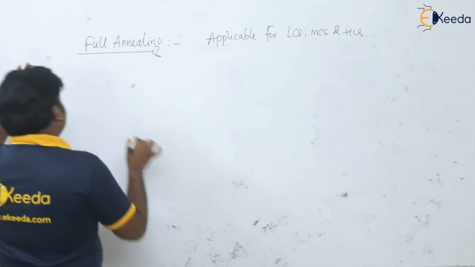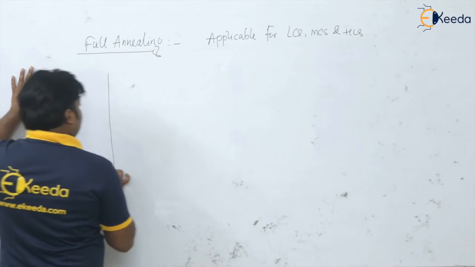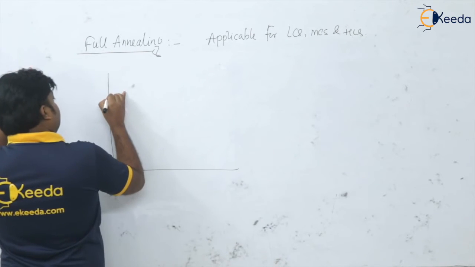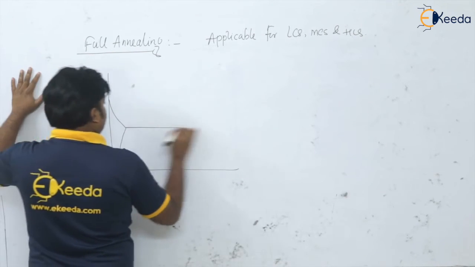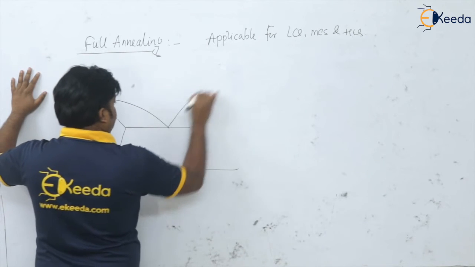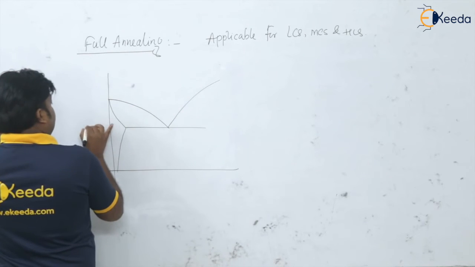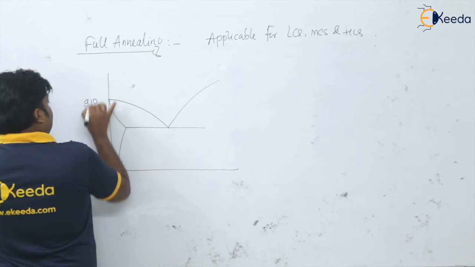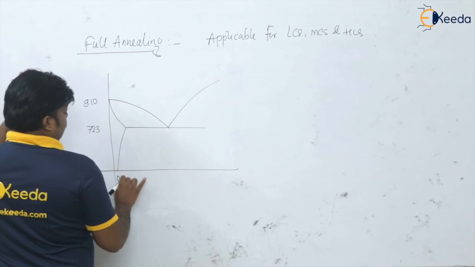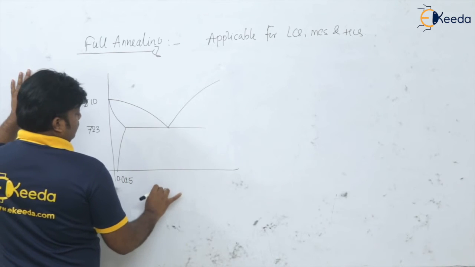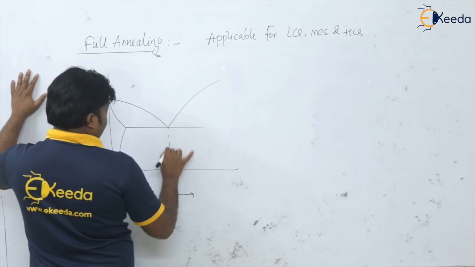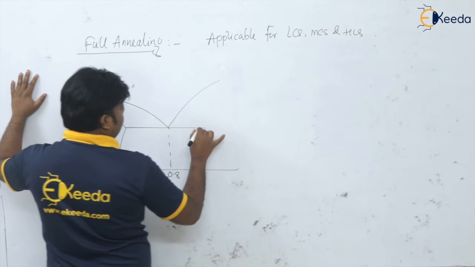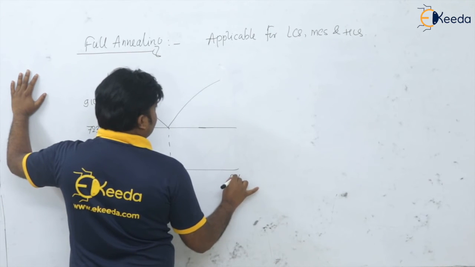So if you see here, on the eutectoid transformation diagram, this is the lower critical temperature, this is 910, this is the percentage of carbon, this is 0.8 up to 2%.